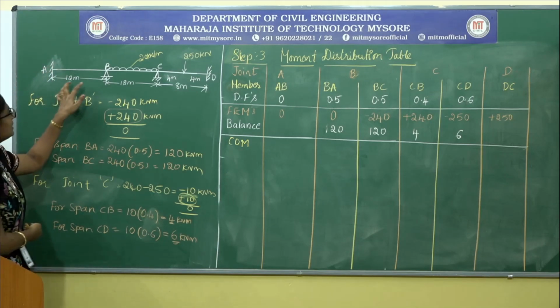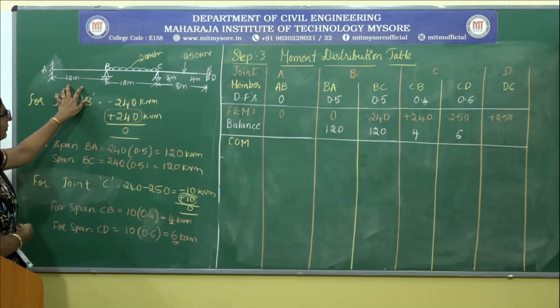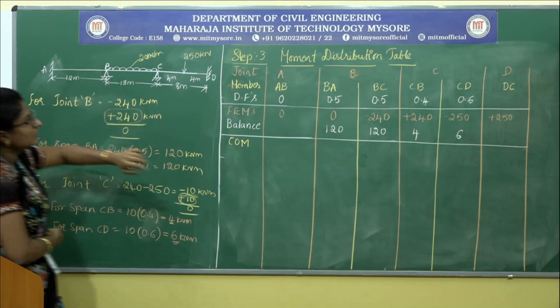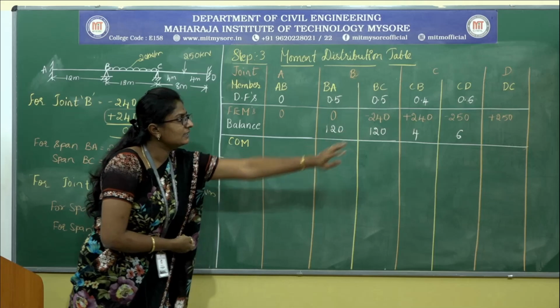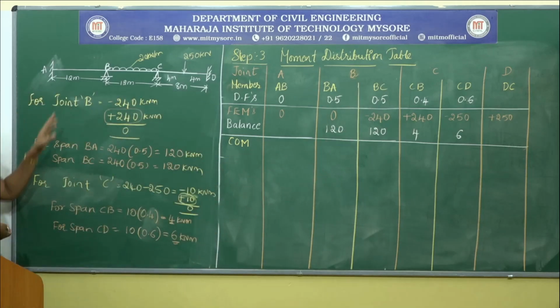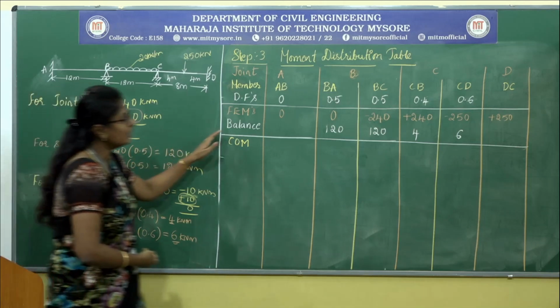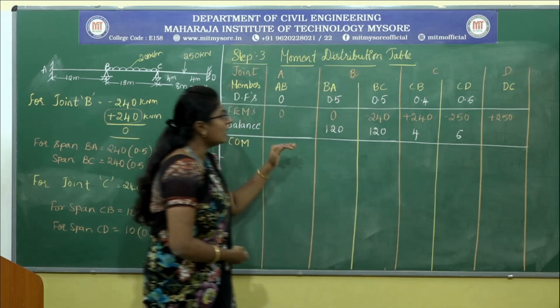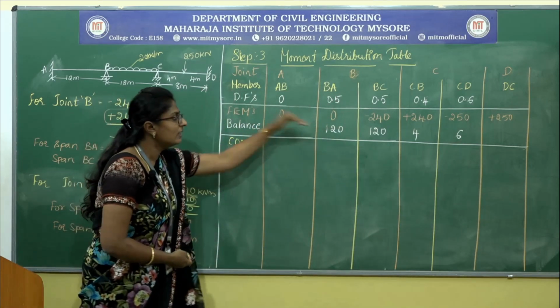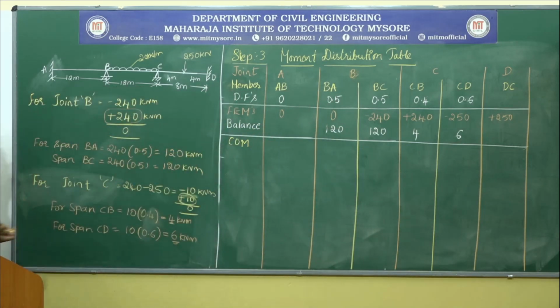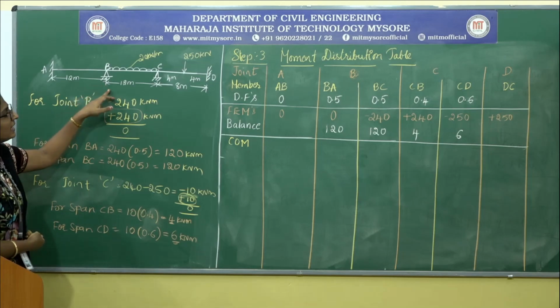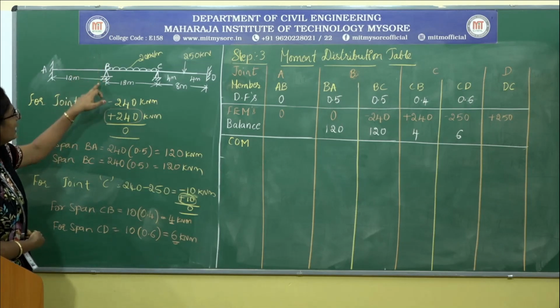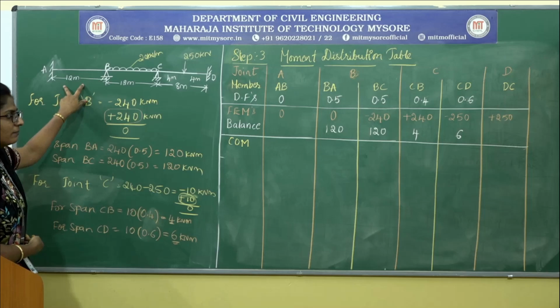Since we are considering the span AB now, here we are considering the carryover moment for span BA. Since the balanced moment is at BA, BC, CB and CD, we have to consider this balanced moment and carry over in our further procedure.